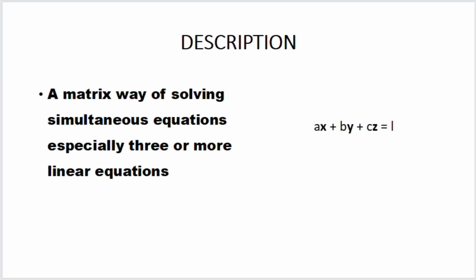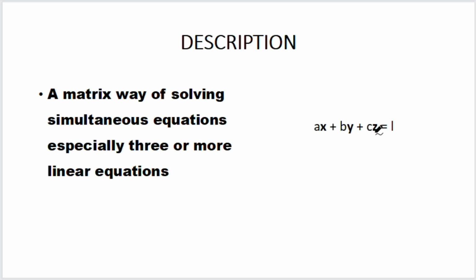In this case, we have ax plus by plus cz equals L. This is a linear equation. In simultaneous equations, we have the unknowns like x, y and z.